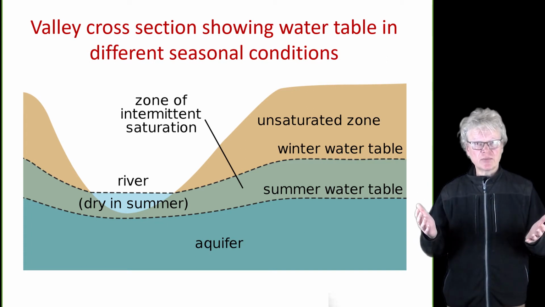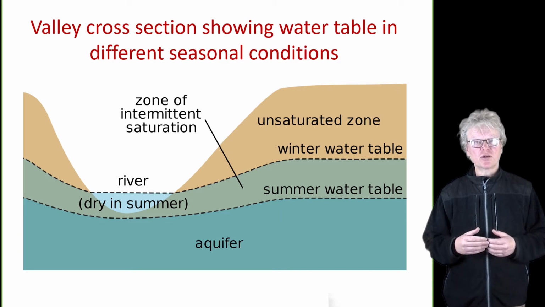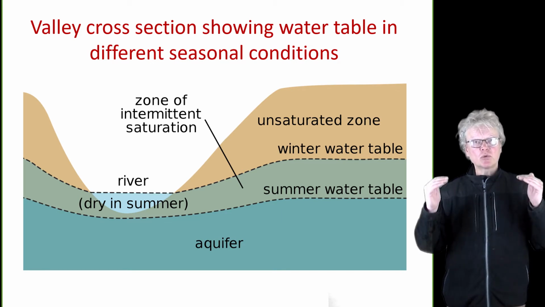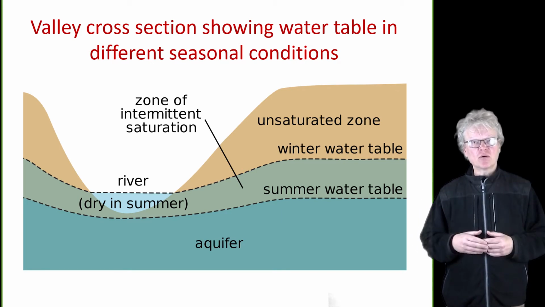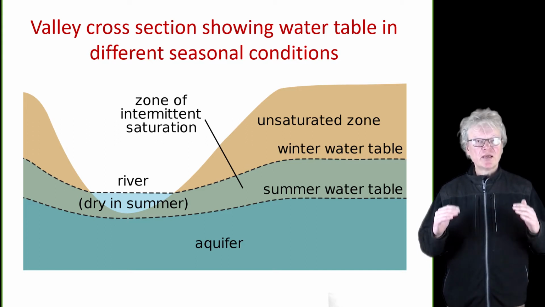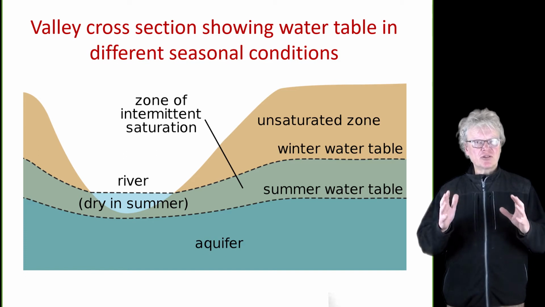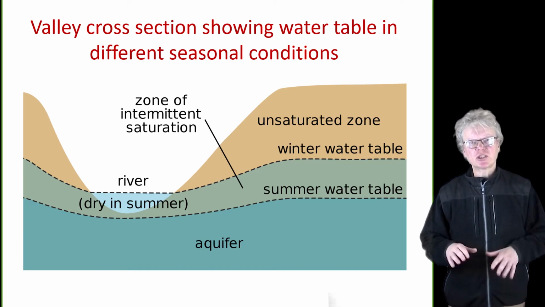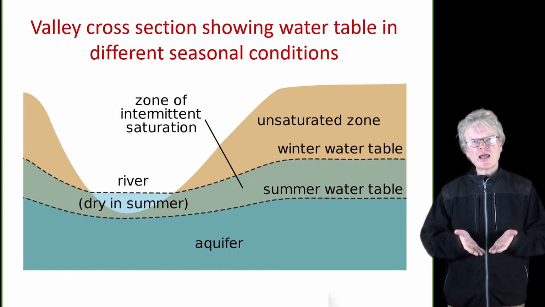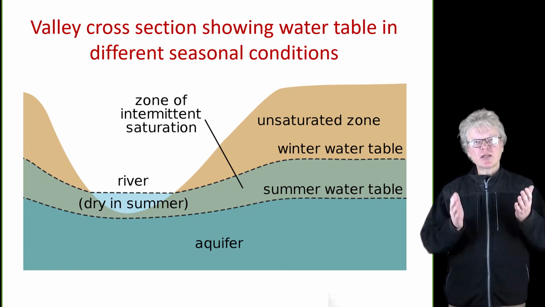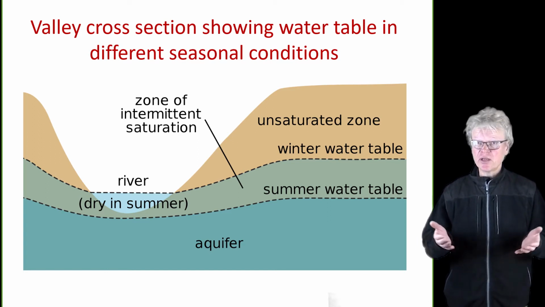Now, if your high rainfall occurs in winter, then your water table will rise. And then if your dry season is in summer, your water table will fall. Now, the reason this diagram is interesting is that it also shows the relationship between the water table and the landscape. And if the water table intersects the landscape, then you can get a river.